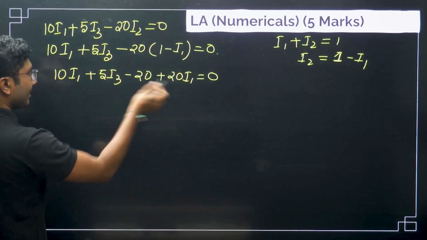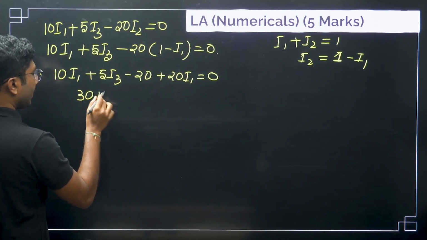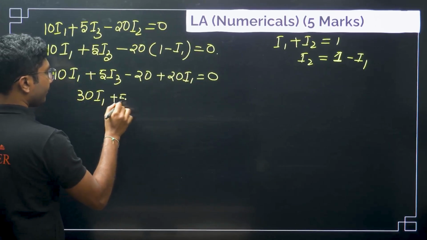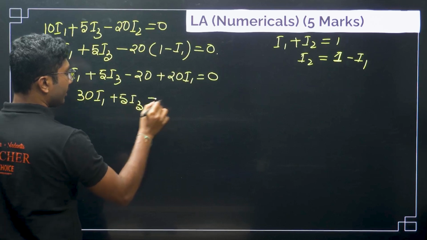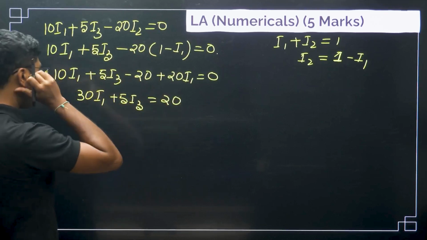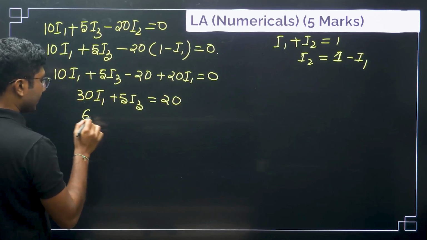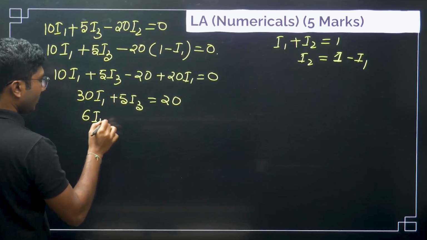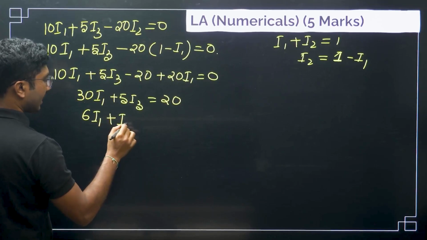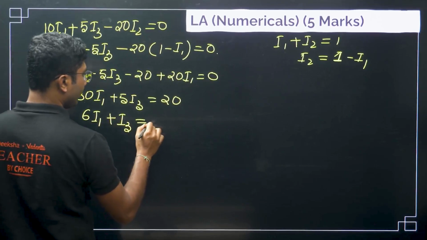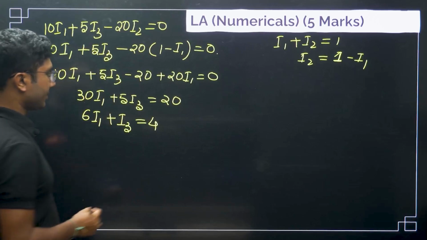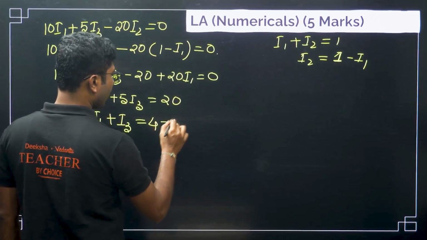Just simplify, you will get 30 I1 plus 5 I3 equals 20. Now divide everything by 5: 6 I1 plus 1 I3 equals 4. So this is another equation, equation number 4.